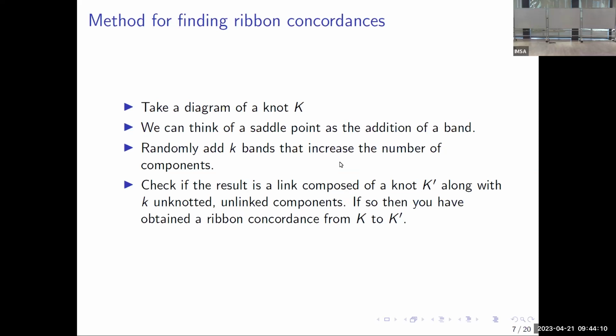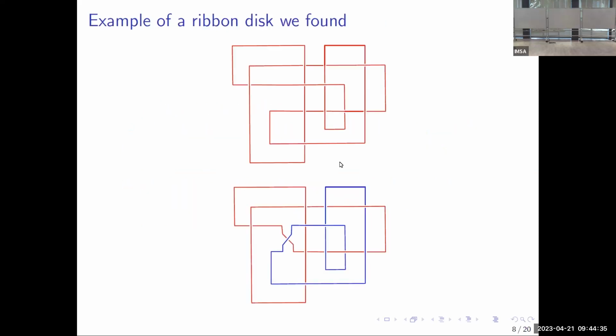Capping off in S3 times [0,1] really just means it has to have been an unlinked, unknotted link component, so it is itself an unknot and it's not linked to anything else. And if you can find such a thing, then you have a ribbon concordance from K to K prime.